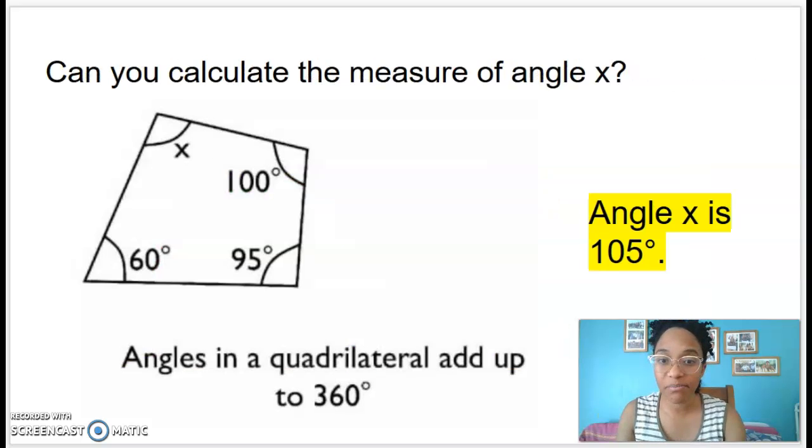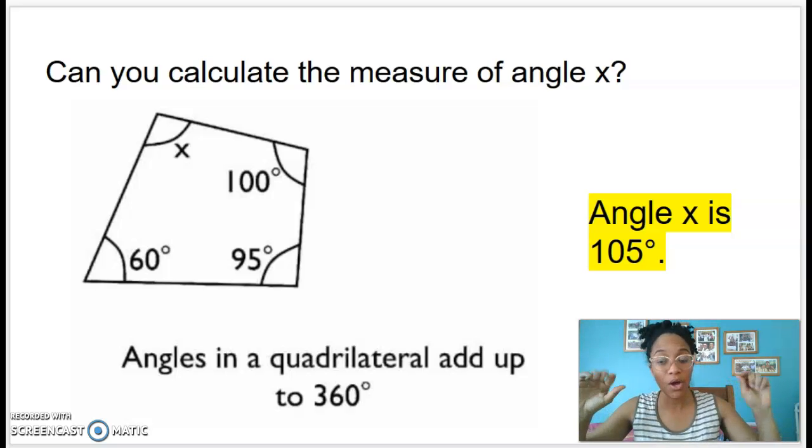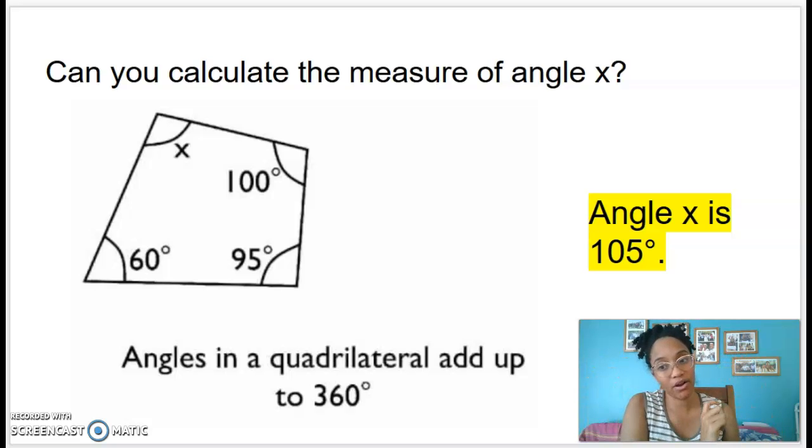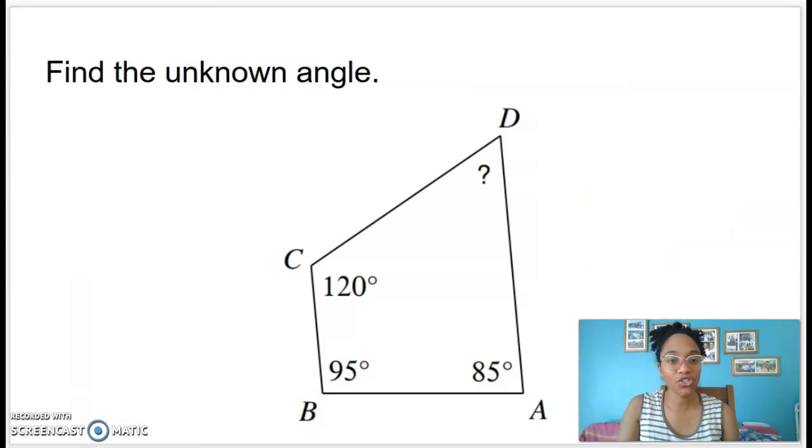So when we solve this mystery, we're looking at the three angles we know, and we know the total, but we don't know one of the things missing. So we can visualize a bar diagram where the total adds up to 360, where there are 4 parts to the bar. We know 3 of the parts. When we add those 3 parts we know and subtract them from 360, we get our missing angle, which is 105 degrees.